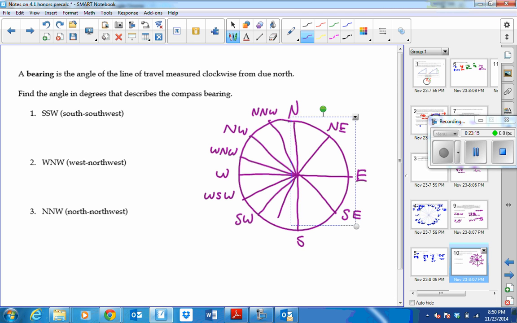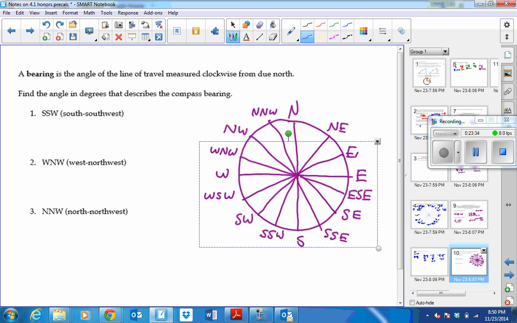This one is south-southwest. This one is south-southeast, because it's more south than east. This one is east-southeast, this is east-northeast, and the last one is north-northeast.